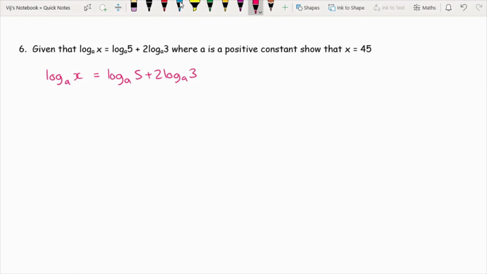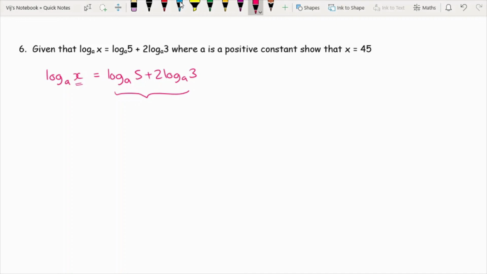Now when you're thinking about this, what we want to try and do is make one side look like the other. On our left hand side we've just got log to the base a of x, and here we've got a collection of logs. So our intention is to write this as a single logarithm. As the bases are the same, whatever I've got as log a of something, then that's what x is going to equal.